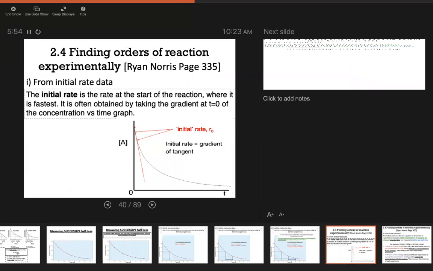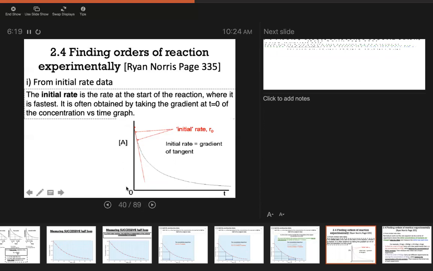Right, moving on. We can also find orders of reaction experimentally. That's to say from experimental data. Okay, well, usually they will give you the initial rate. Now you already know how to find the initial rate of a reaction. You can find the initial rate from a concentration time graph.